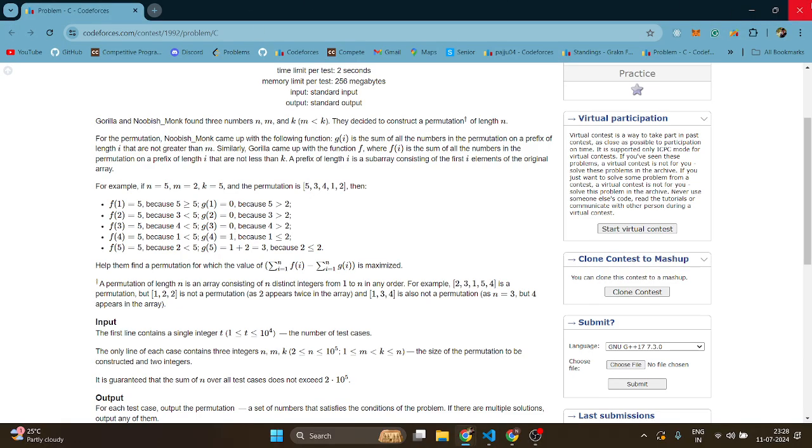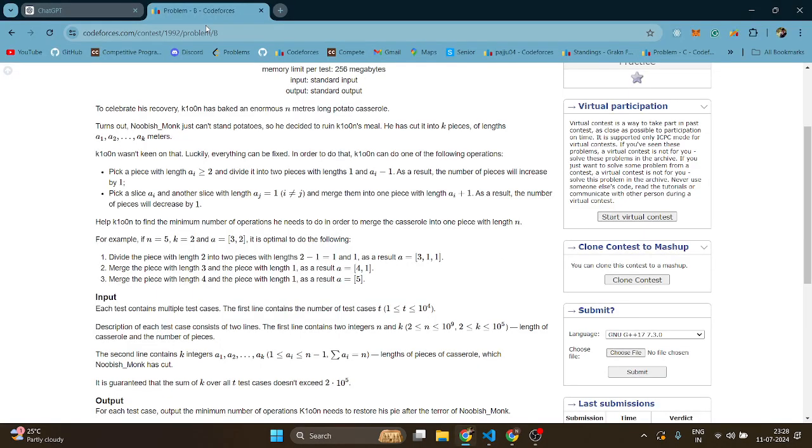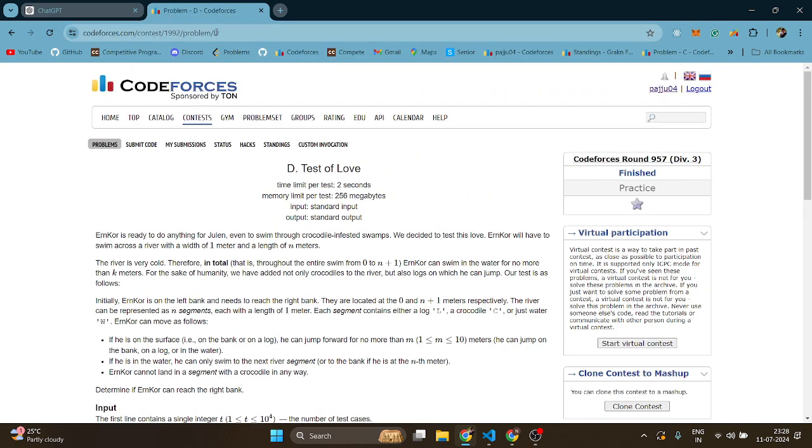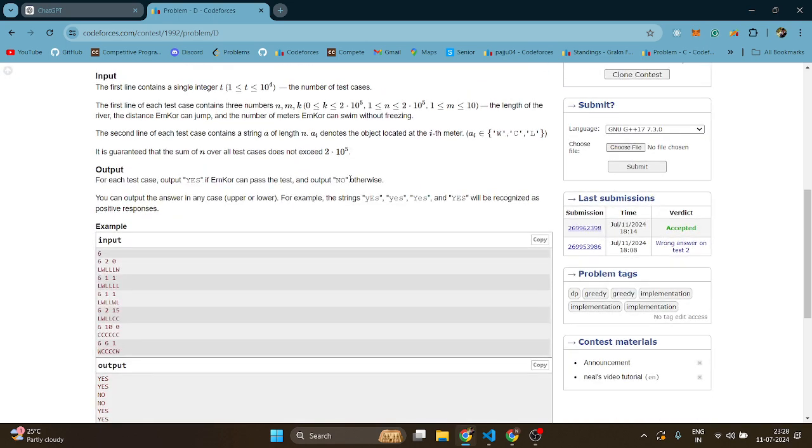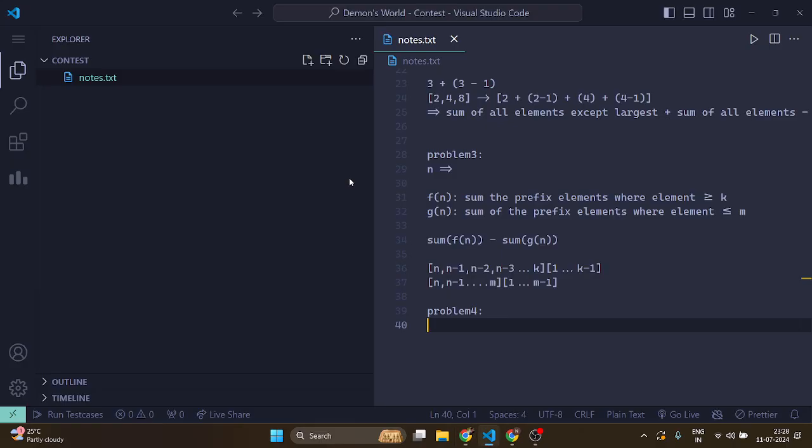Moving on to the next problem, which was a very interesting problem, problem D, Test of Love. There are various ways to solve it. Some solved it using DFS, some using DP, some using something similar to DP, and people like me solved it using brute force. I hope you have read the question. If you are on land, you can jump anywhere up to m steps.